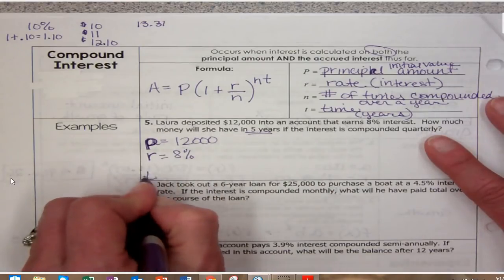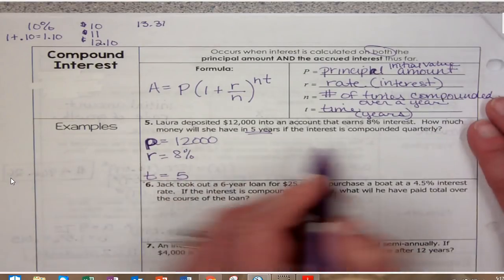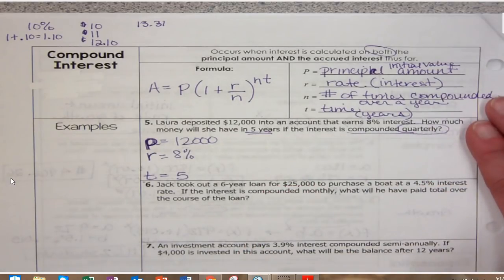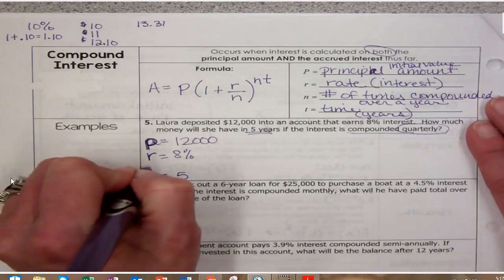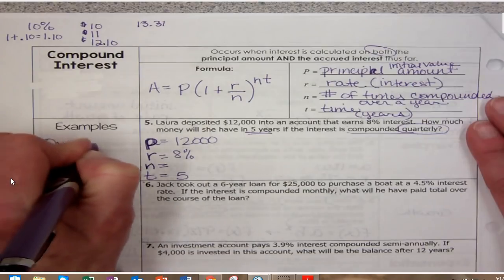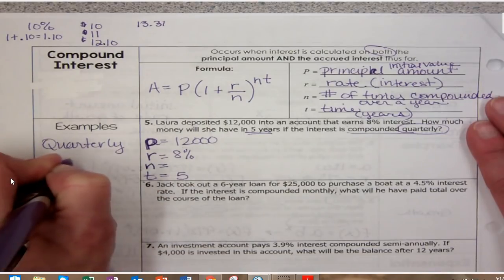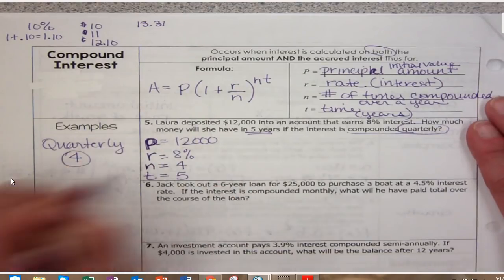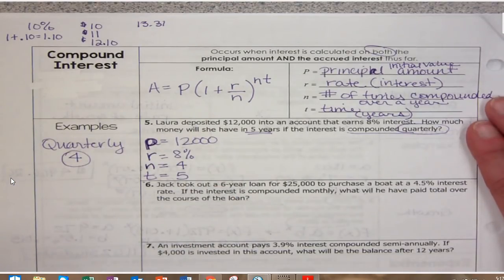So the time is going to be 5 years. Compounded quarterly. How many times a year would that be if it's compounded quarterly? Quarterly means 4. So n is going to be 4.